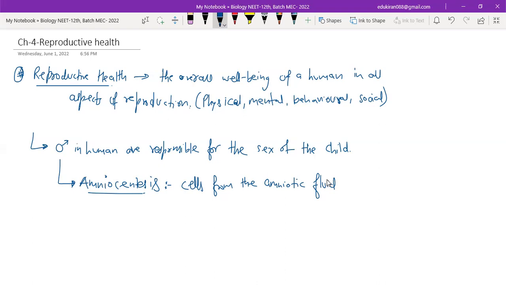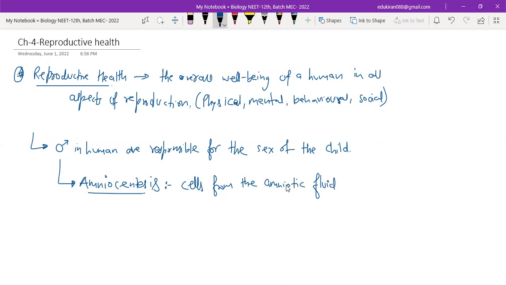Once we know that, we know whether the embryo is going to be a male or female much before even the sex organs are produced. So we can get to know the sex of the baby right in the first month before the sex organs have developed. But this technique has started having some major concerns like social issues.